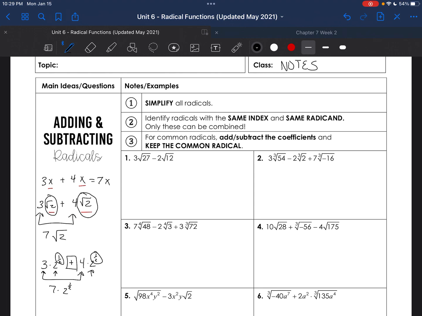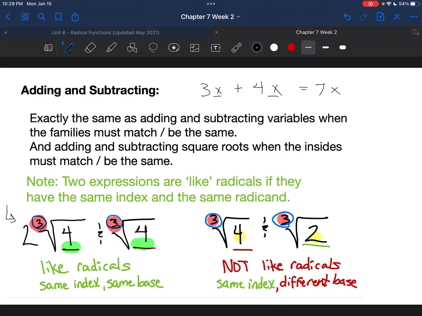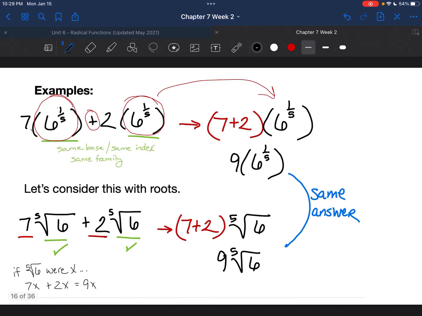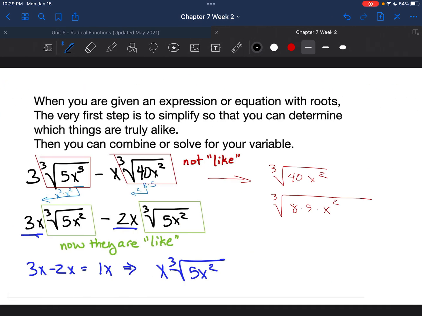Okay. So what do we do when sometimes it doesn't look like our radicals or our exponents match? Like in this case, I've got 3 times the cube root of 5x to the 5th minus 3 times the cube root of 40x squared.